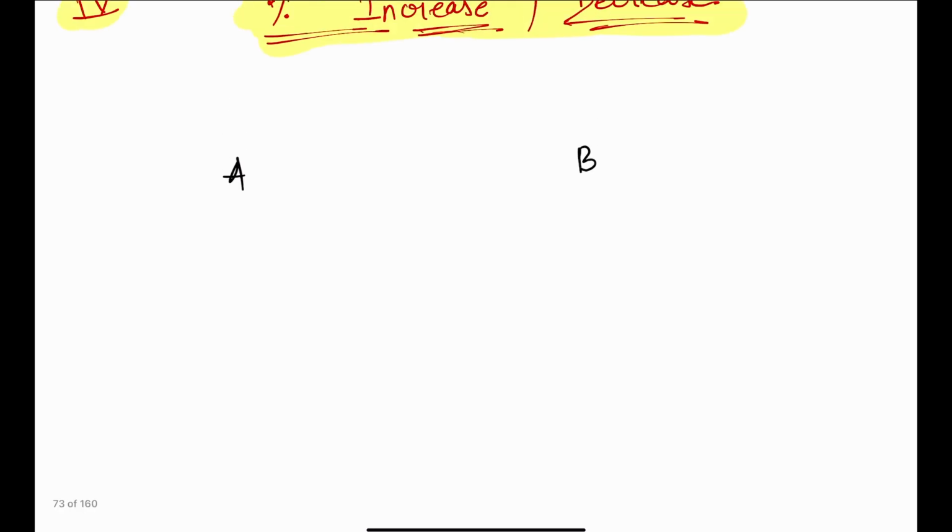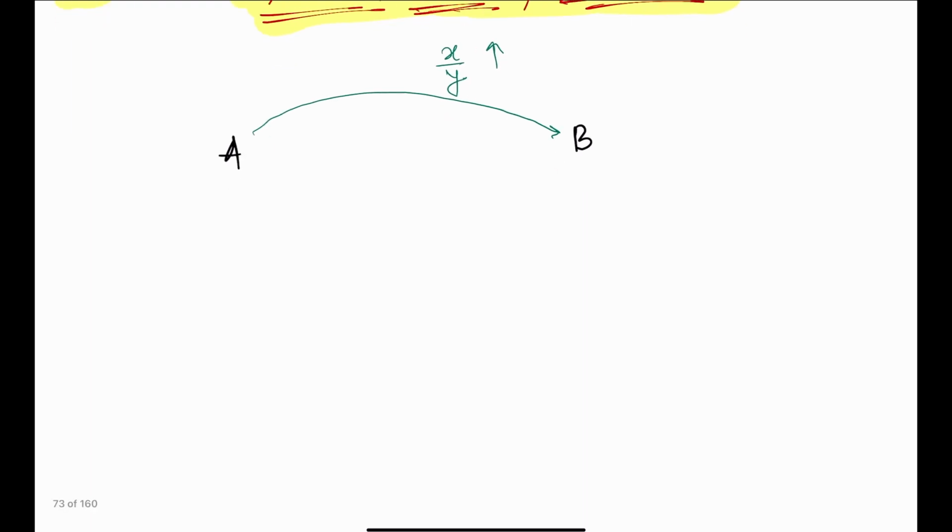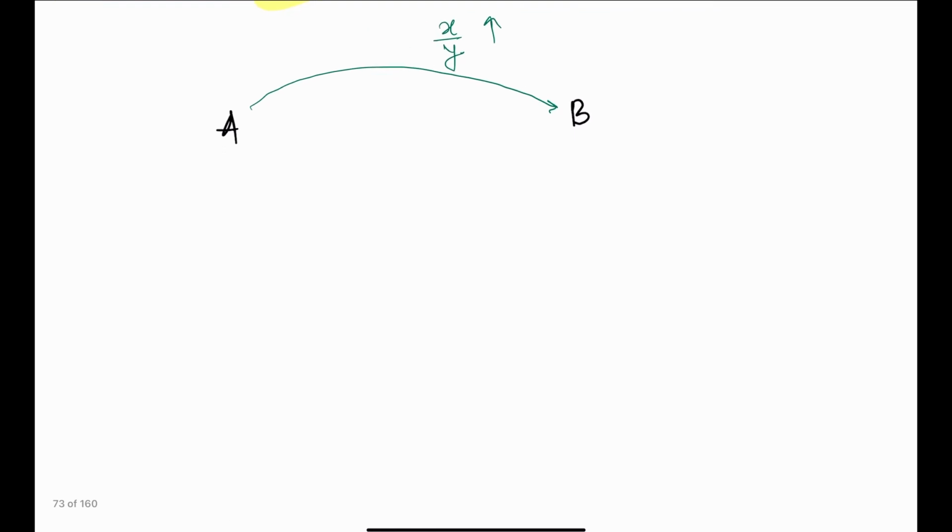So there are two numbers, suppose A and B. Suppose A is, let's take in terms of percentage, x by y more. Okay, A is x by y more. Then the question will be asked: how much less will it be than B?